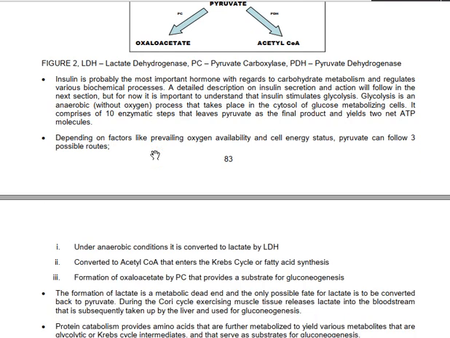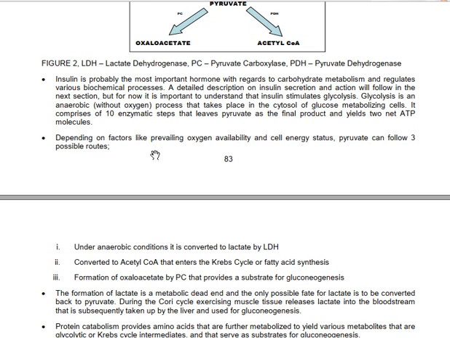Now, we need to know that insulin is probably the most important hormone regarding carbohydrate metabolism. Is it clear? Insulin is mostly involved in reducing the glucose content of the body. So insulin is going to make sure that the cells of the body take up glucose.